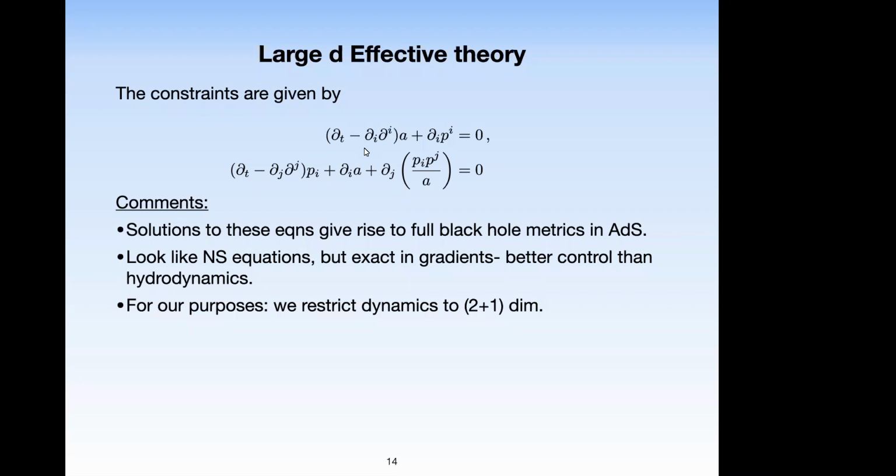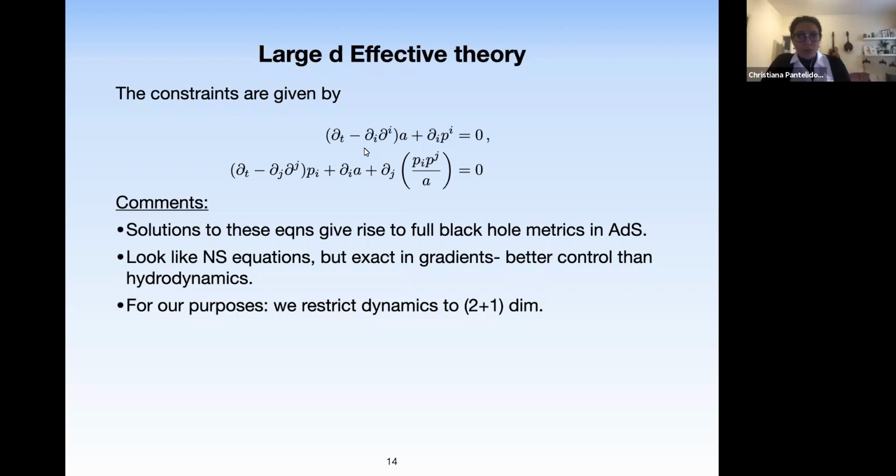If you took the Navier-Stokes equations and then did a large D expansion, which terms would you not get, or which extra terms would you get compared to the equations you have on your slide? I don't know in terms of precise terms, but if you start with the Navier-Stokes equations, you have a certain set of transport coefficients.